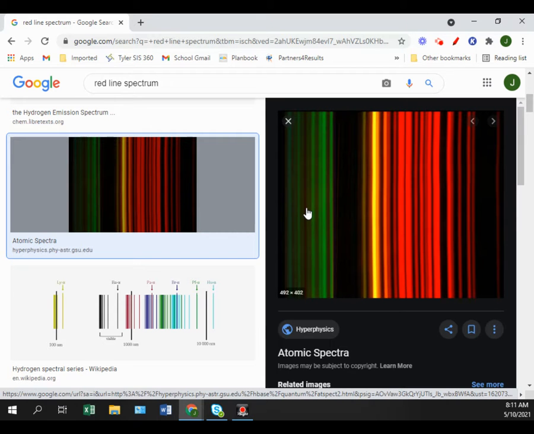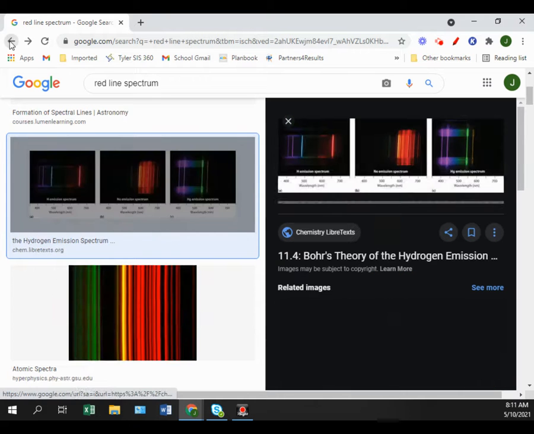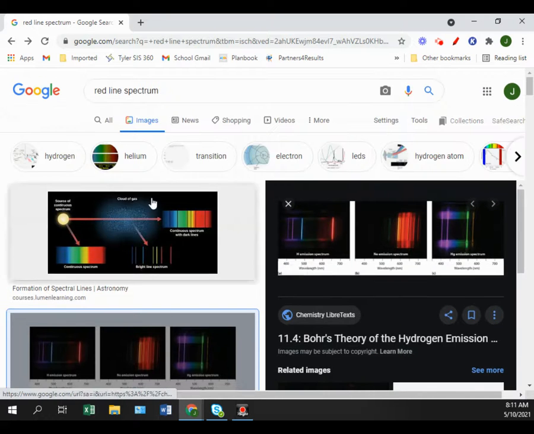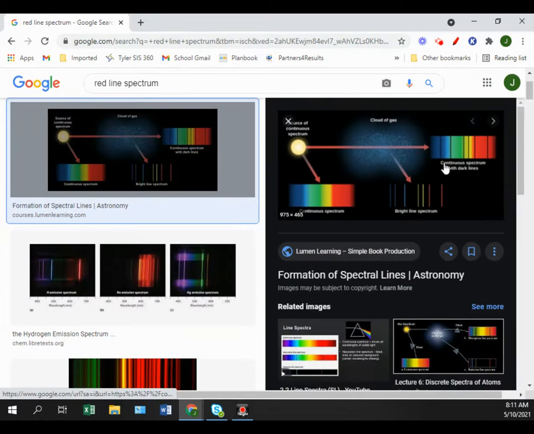Does that make sense? Sort of. So the line spectrum is what they've done: they've taken the continuous spectrum, and they're only showing the lines that are present out of that whole thing. Does that make sense somewhat?